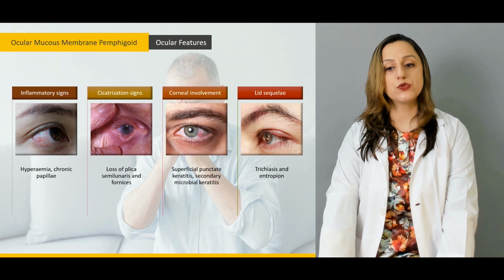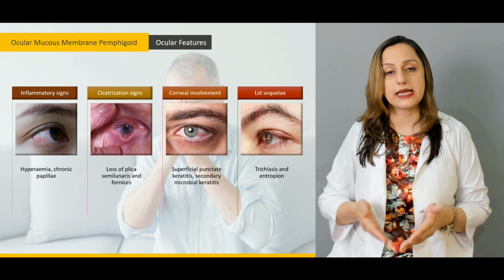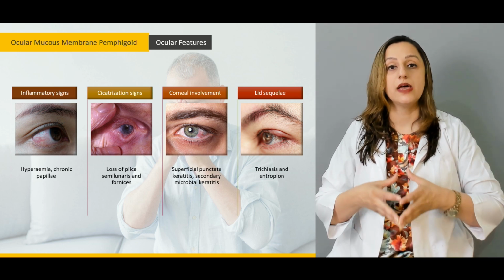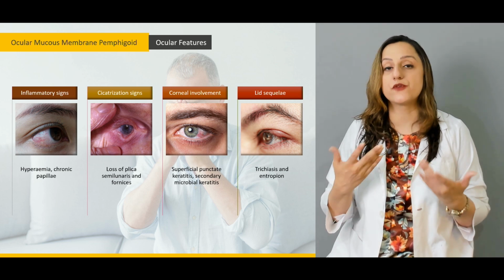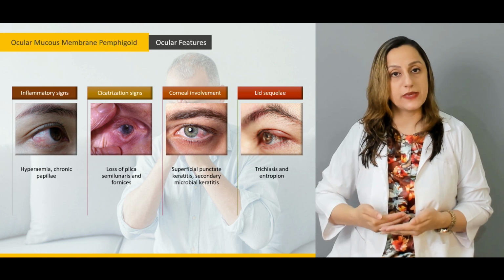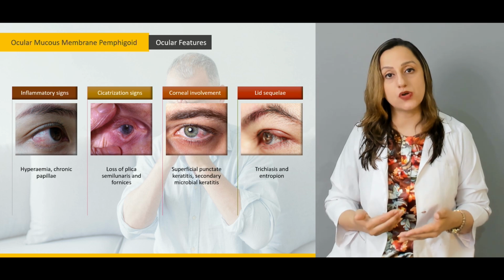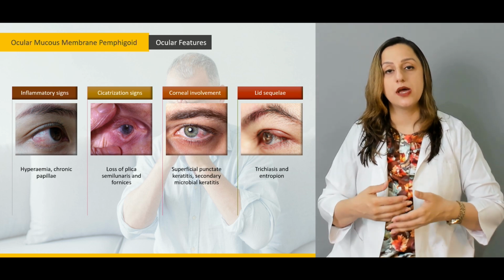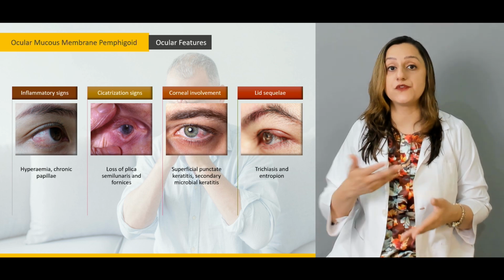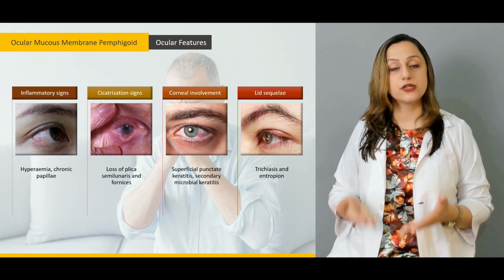The lid sequelae would again include the cicatrizational signs. If scarring occurs at the lids, we can have blepharitis, we can have symblepharon, or we can have trichiasis, which is basically the inward direction of the eyelashes, which serve as a foreign body sensation on the conjunctiva, and further irritation of the conjunctiva and the cornea occurs due to this trichiasis.